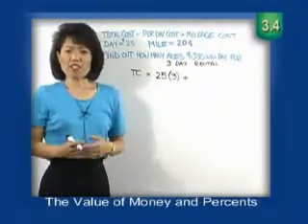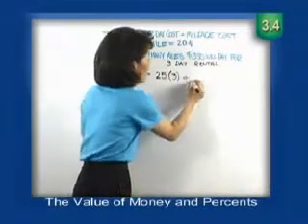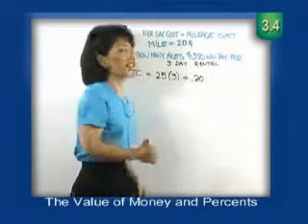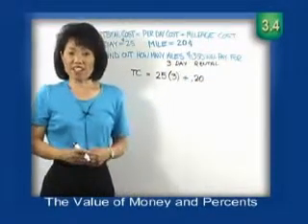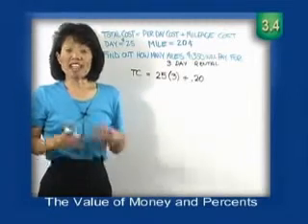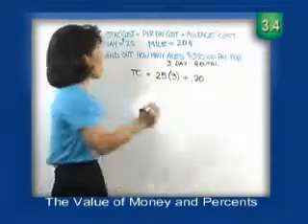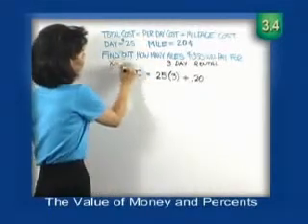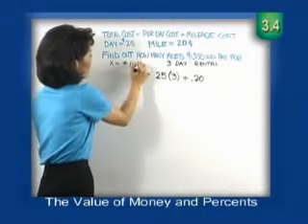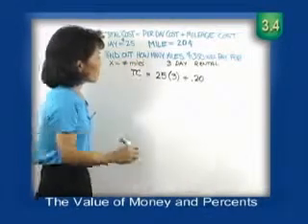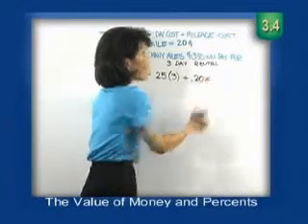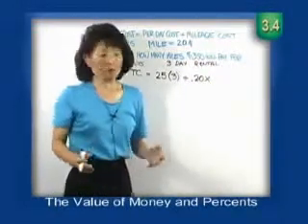He knows it's costing him 20 cents per mile, but how many miles is he traveling? That's our unknown variable. So we'll let X represent the number of miles that Alfredo has to travel.